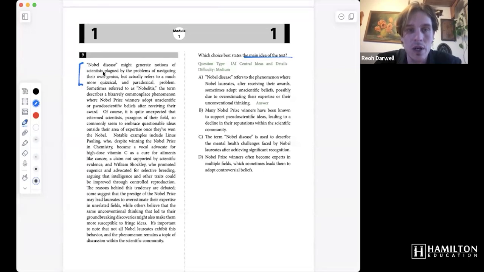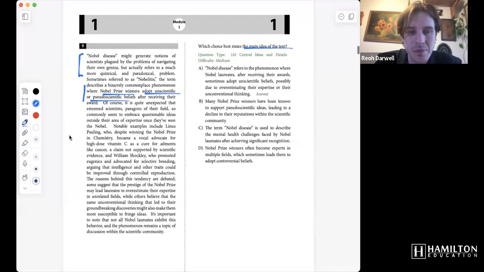Okay. So Nobel disease, you might be thinking of, ooh, like problems of navigating our own genius, right? In Nobel winners. But actually, it's something else, right? What's the commonplace phenomenon? That Nobel Prize winners adopt unscientific or pseudoscientific beliefs after receiving the award. Okay. It's unexpected. We get all this stuff. Now we get our examples.